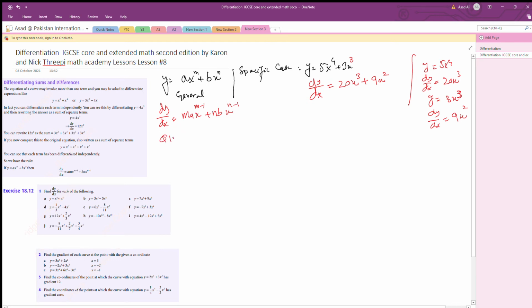Now question number 1, I'm doing some parts. The first part I'm doing is a: y is equal to x power 4 plus x power 5. I can't see that exactly, but it should be x power 3, it shouldn't be x power 5, because we write the expression in ascending or descending order.